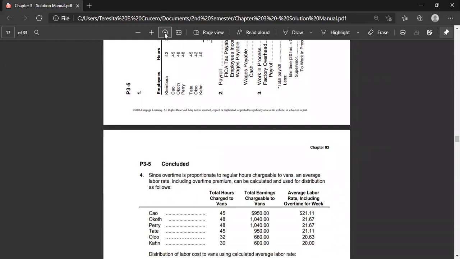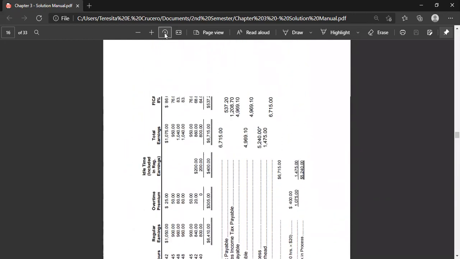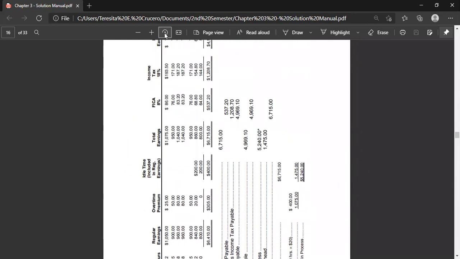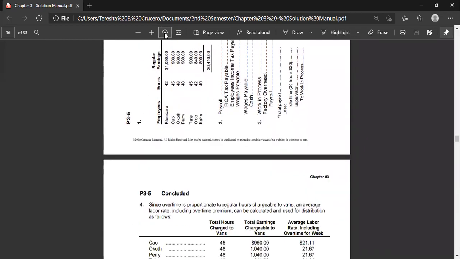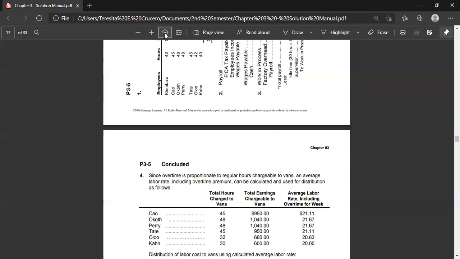And then for Tate, Ulo, and Khan, so we have now for Tate, it's 950, Ulo and Khan 860 and 800, no? However, we are going to deduct the amount applicable to the idle time.